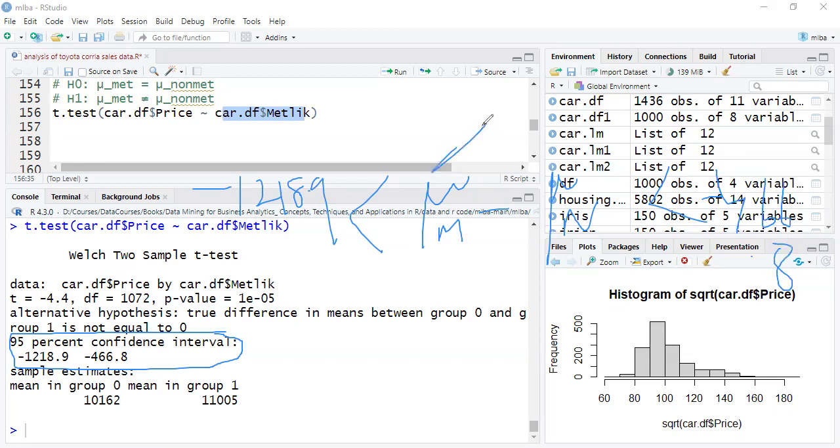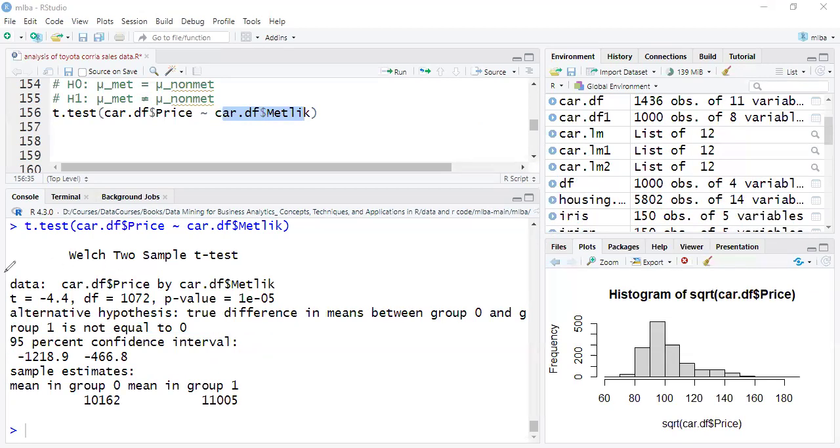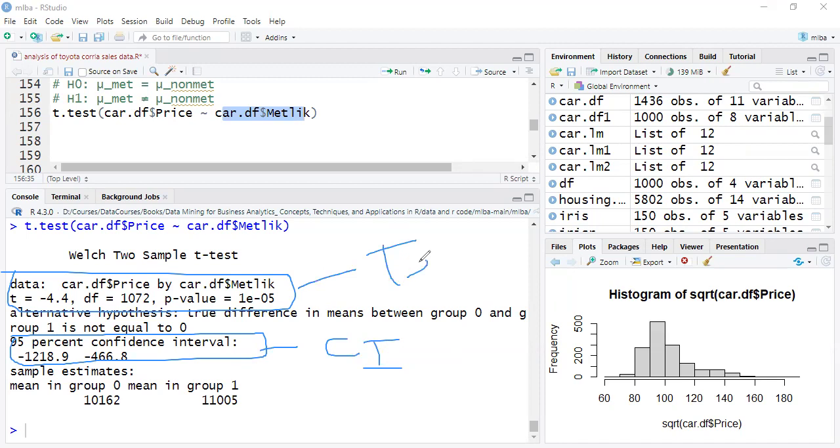This is called the confidence interval. So in the output, some of the output elements are related to hypothesis testing. This segment of output is inferential. The confidence interval is an estimation procedure. This is a testing procedure.